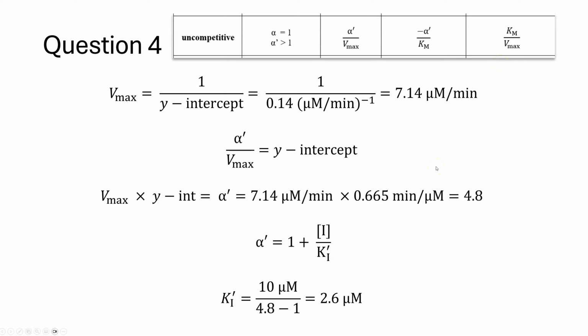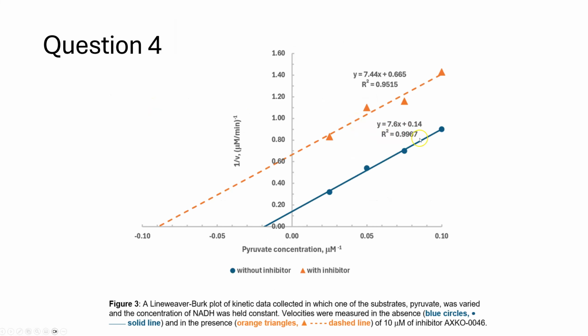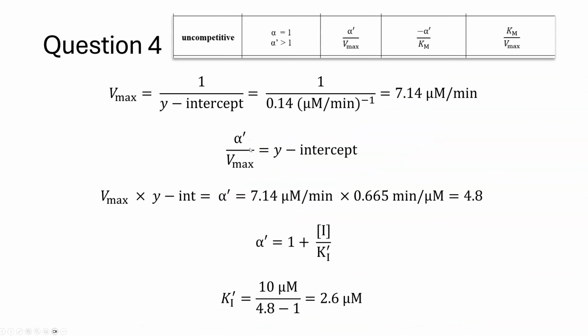I thought the easiest way to figure out Ki primed was to look at this table and then realize that first I had to calculate the Vmax without the inhibitor. So again, if I look at without the inhibitor, that's 0.14 reciprocal, so it's minutes per micromolar. Then I get micromoles per minute as my Vmax. And then again, if I know that the y-intercept is going to change by this factor of alpha primed, then what I do is I just cross multiply here.